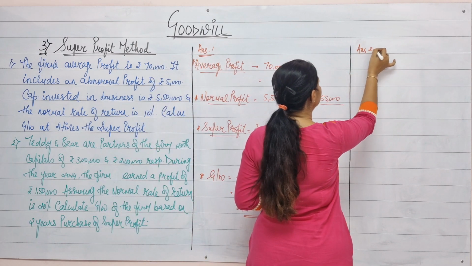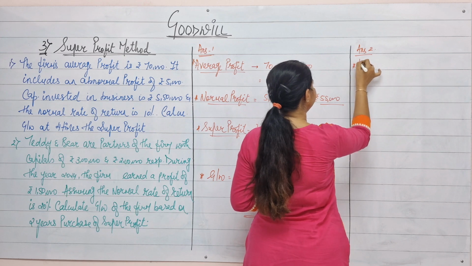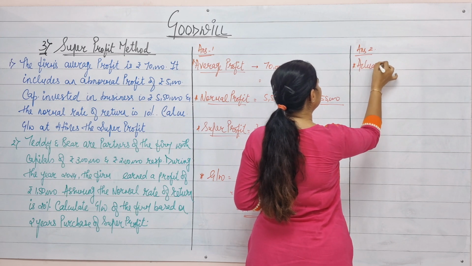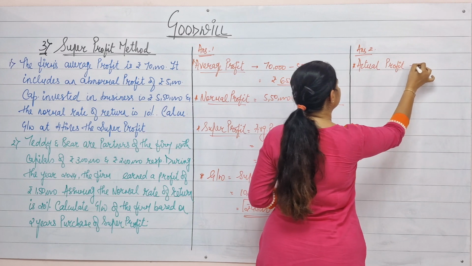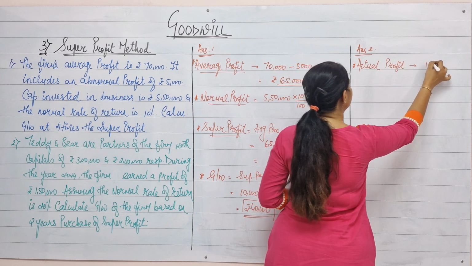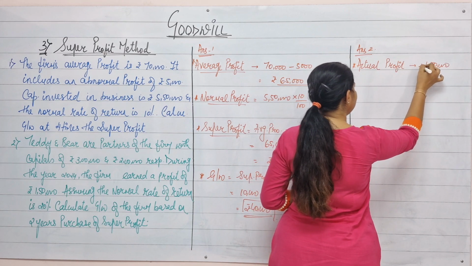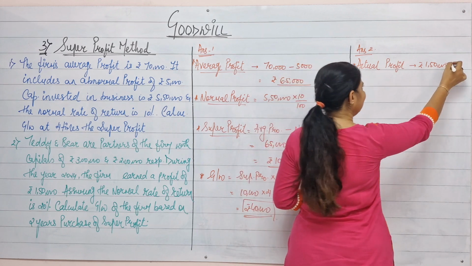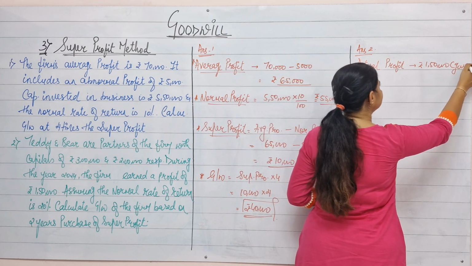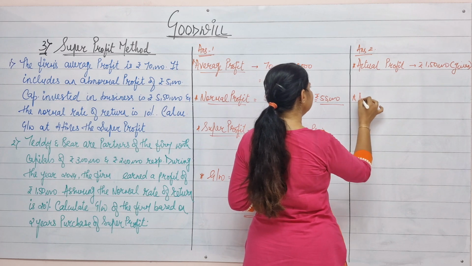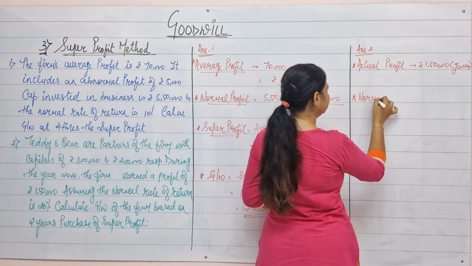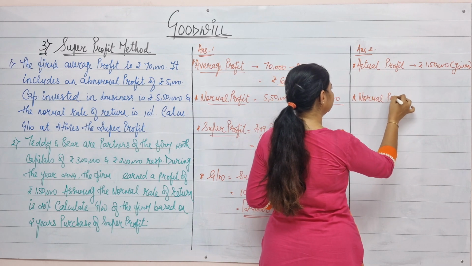Answer number 2, and this time we have the actual profit of the year 2024, 1,50,000, and it is given. Now we will find normal profit.